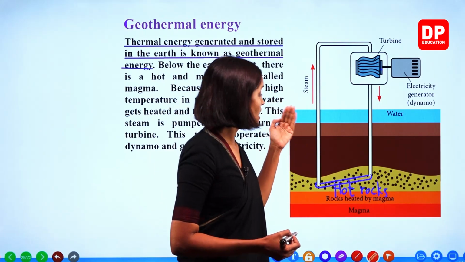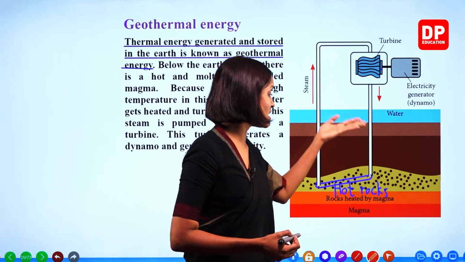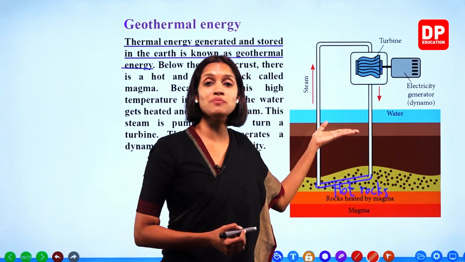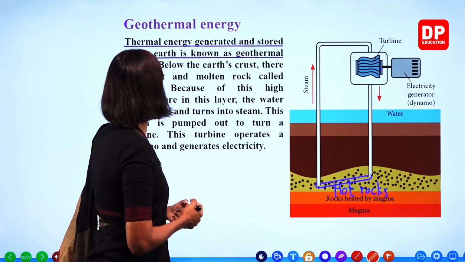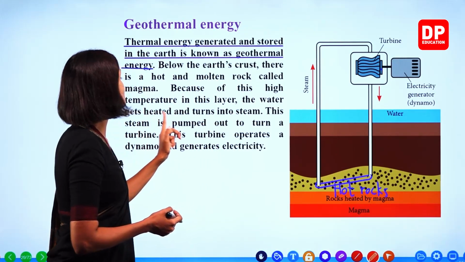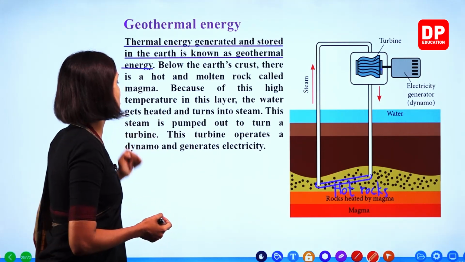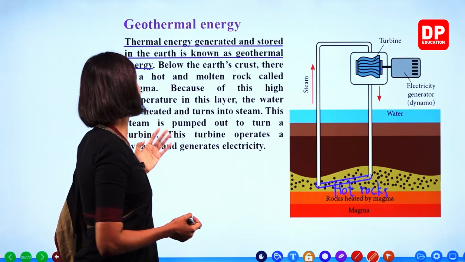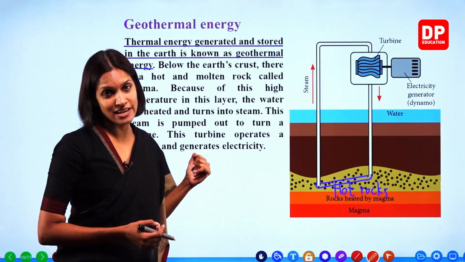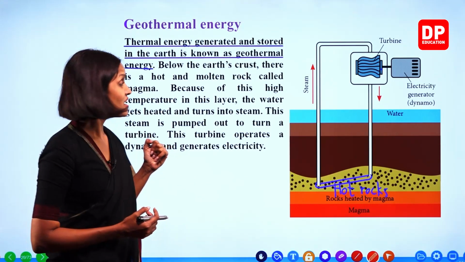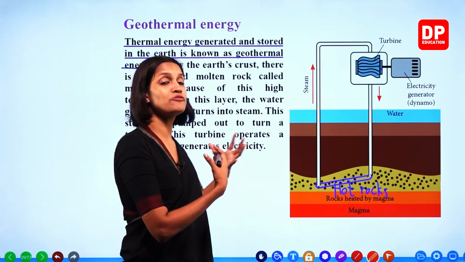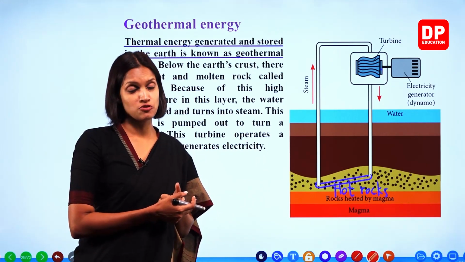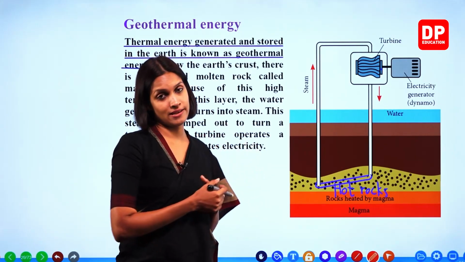So this high heat produced inside the inner layers of the earth can be used to generate electricity. This steam is pumped out to turn a turbine, and the turbine operates a dynamo and generates electricity. So this geothermal energy is a naturally formed type of energy, so we can use it efficiently.